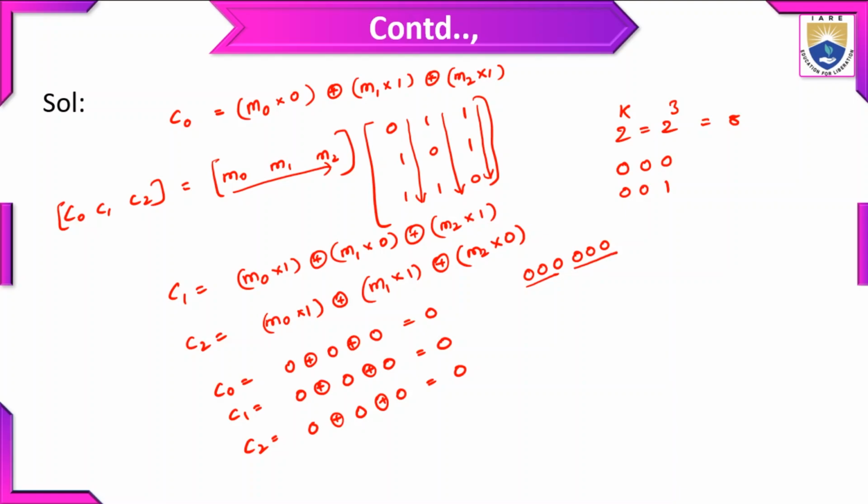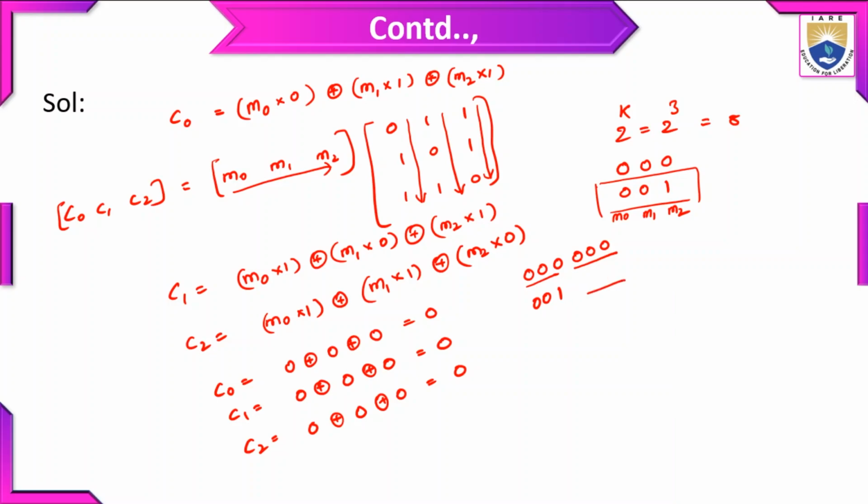Okay. So like that we go for the second one, that is 0, 0, 1. That means my M0 is 0, M1 is 0, but M2 is 1. So the first part is the message, 0, 0, 1. This is my message. So what parity are we going to find?